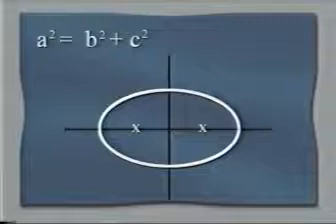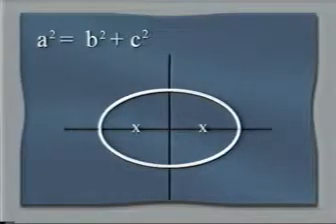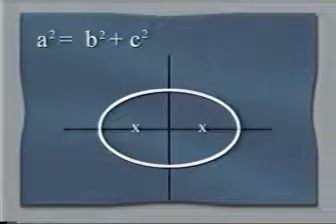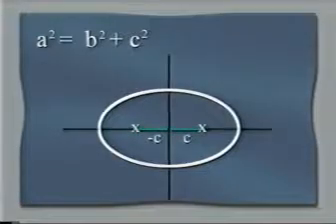An ellipse is a shape consisting of points the sum of whose distances from two foci are the same. The foci are indicated by x's on the x-axis inside the ellipse you see pictured. The distance from the center of the ellipse to each focus is labeled C. Okay?